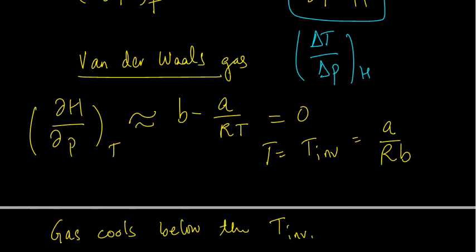If I am at a higher temperature, then this term is small and this dominates. If I am at a lower temperature, then this term is large, so this dominates. That's all I mean by attractive terms dominate or repulsive terms dominate. At T inversion, exactly they cancel out.